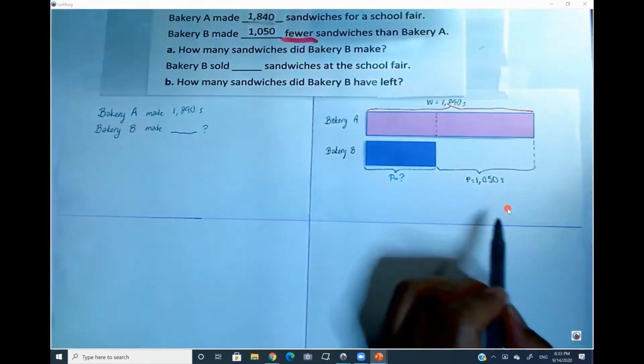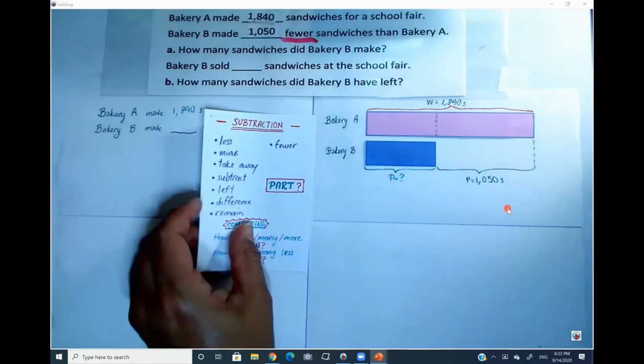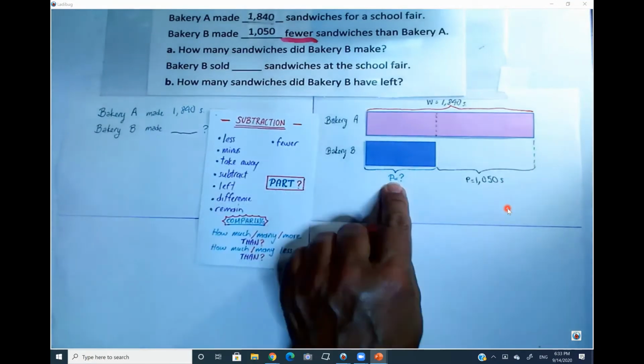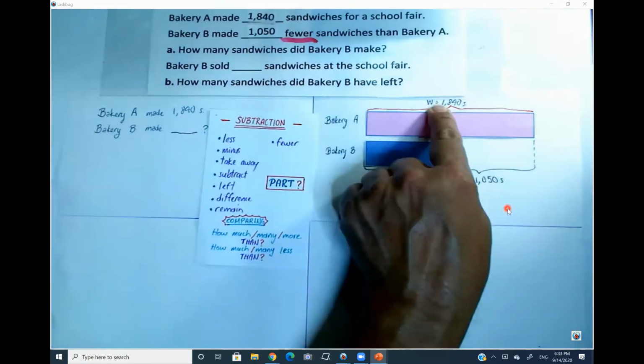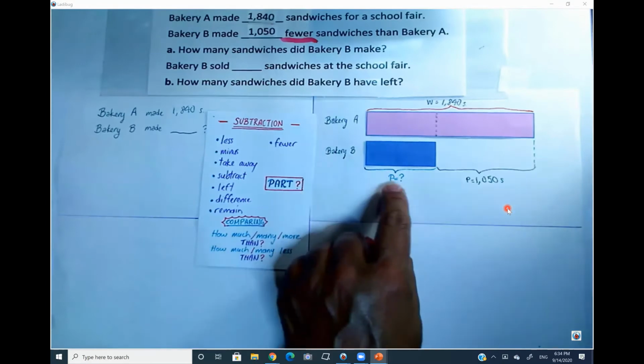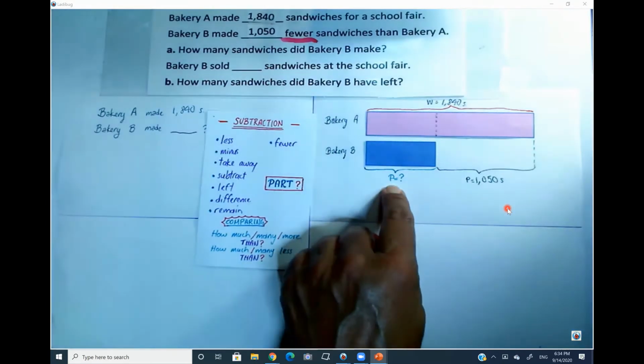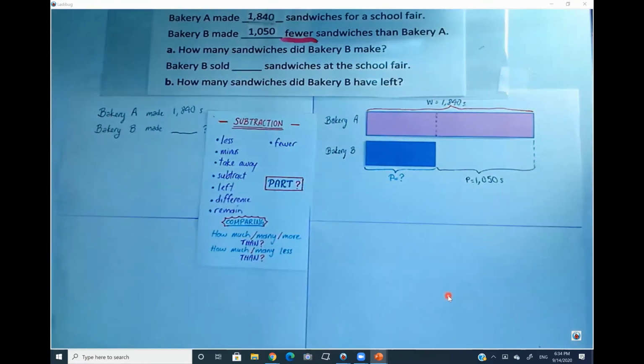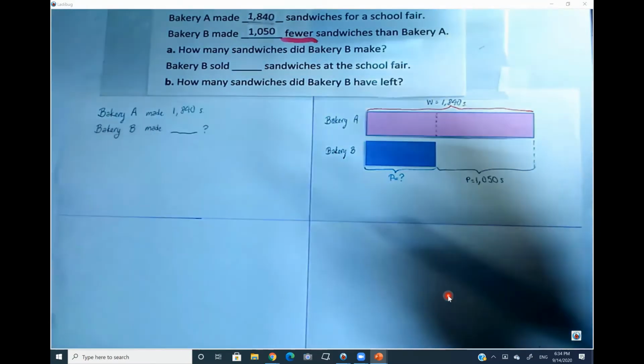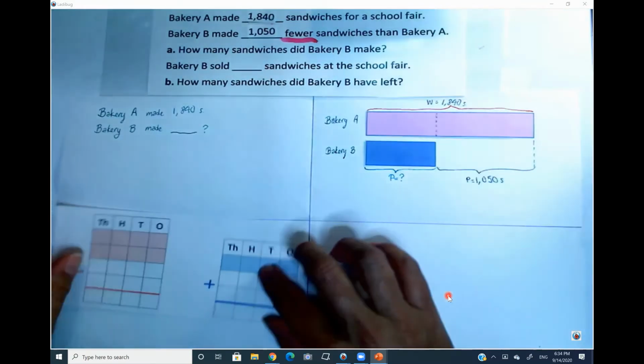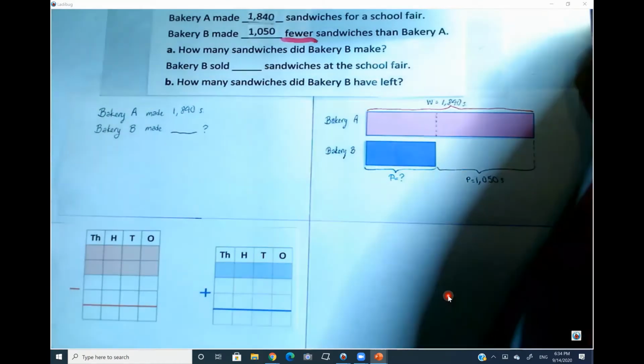Now let's remember what we said, that every time we're looking for a part, I have this part already, I have the whole. So because I'm looking for the part, I need to subtract the numbers I have. So let's subtract those numbers and place the numbers where they belong.